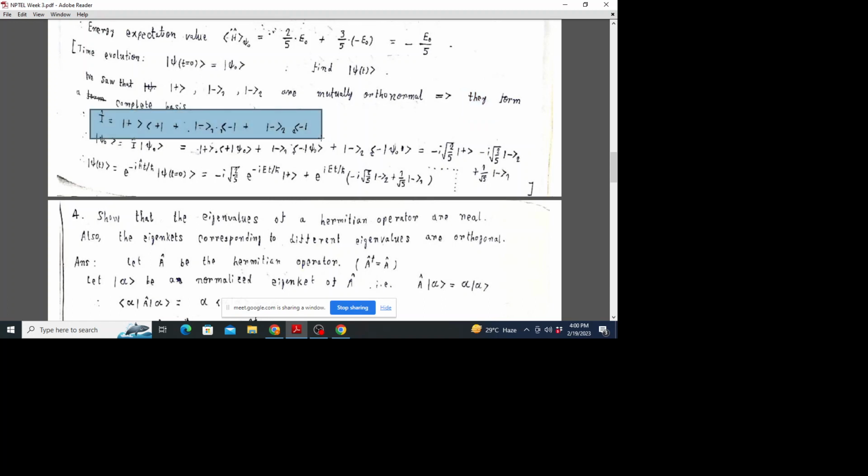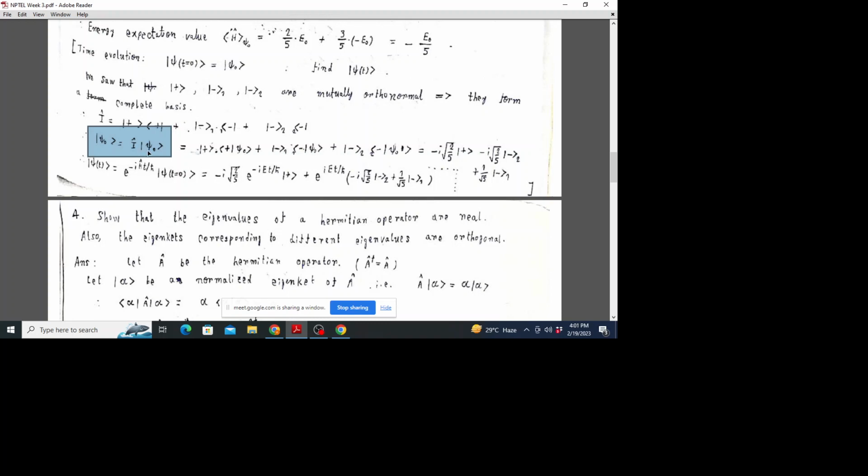Complete basis means this relation: the sum of these three outer products is the identity matrix. This is the meaning of a basis being complete. Now we will represent psi naught like this. Psi naught, of course, is equal to the identity operator acting on psi naught.